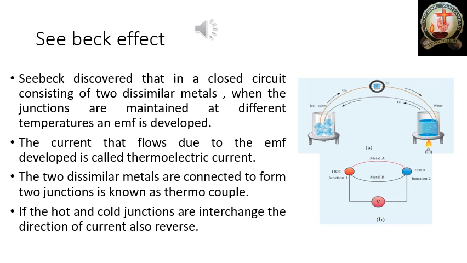Whenever we interchange the hot and cold junctions, as you can see in the diagrams, one side is the cold junction and one side is the hot junction, we can simply interchange the places of those junctions.